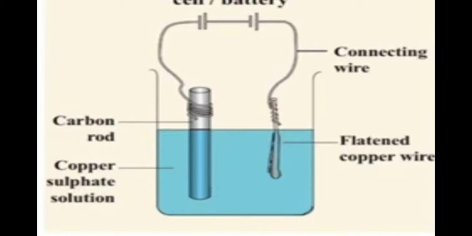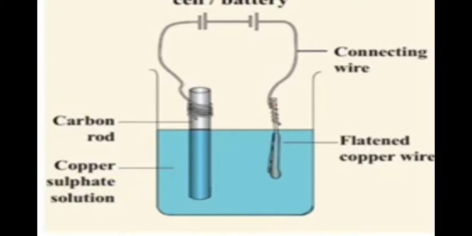Carbon rod gains electrons and it becomes negatively charged, which is called cathode. And chemical reaction takes place here. Already we have discussed the flow of electrons constitute electric current. Here both the electrons and positive copper ions conduct electricity.